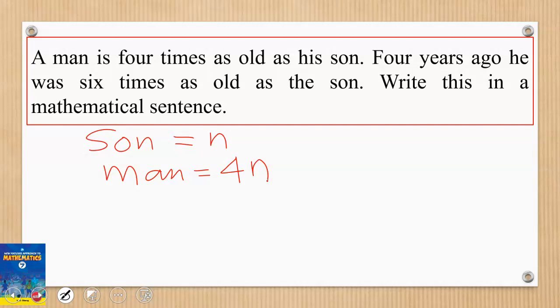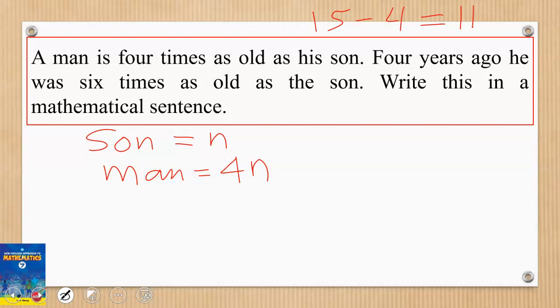Then 4 years ago, now assuming my age is 15 years now, 4 years ago, what will be my age? That means I have 15 minus 4. 4 years ago, I was 11 years. If you add 4 years to my 11, then today I am 15 years.